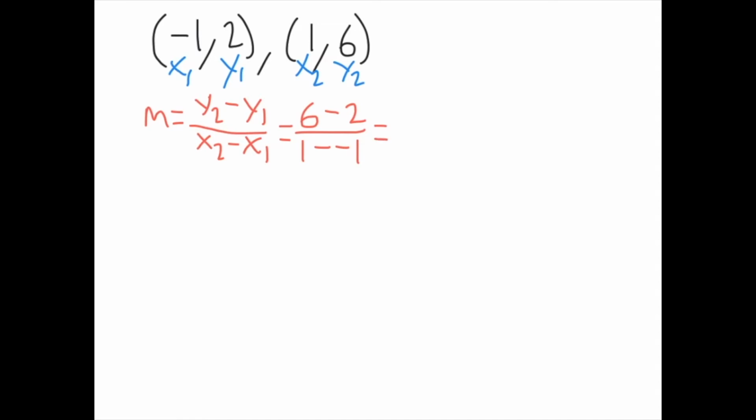And then we do the top and the bottom. 6 minus 2 is 4, and then 1 minus -1. Remember, when you minus a negative, you have to add a positive. So these now turn into addition signs. So 1 plus 1 is 2, and 4 divided by 2 is 2.